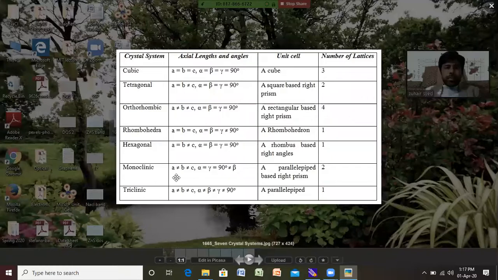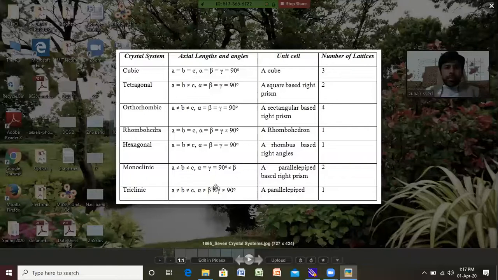In monoclinic, all sides are not equal, and two angles alpha and gamma are equal to 90 degrees, but the third angle beta is not equal to 90. In triclinic systems, all lengths are not equal to each other, and all angles are not equal to 90 degrees.